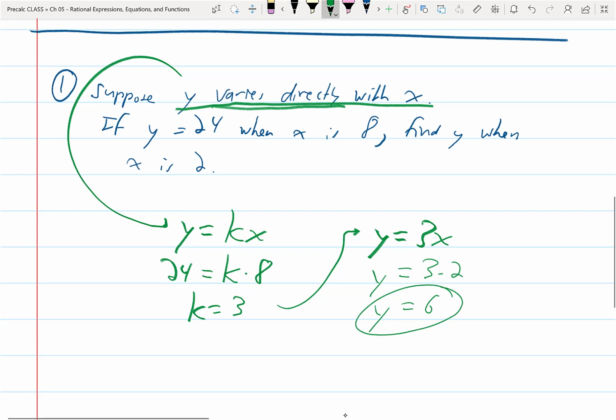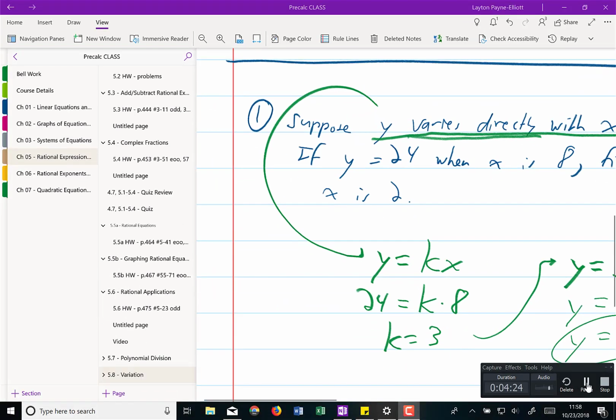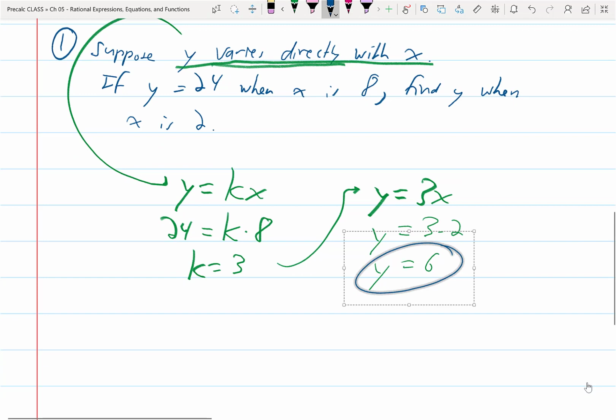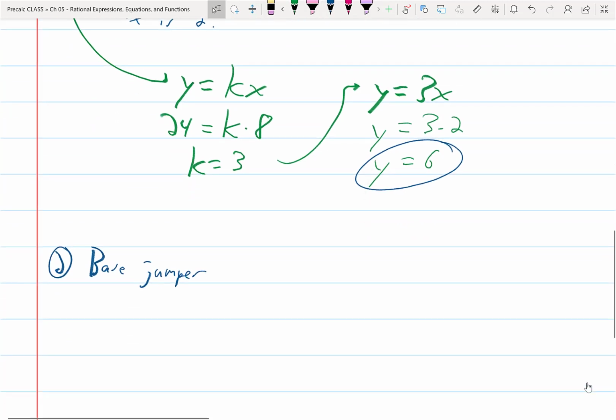So let's look at another case. Let's say that we have a base jumper, someone that just decides to skydive and jump off of things.